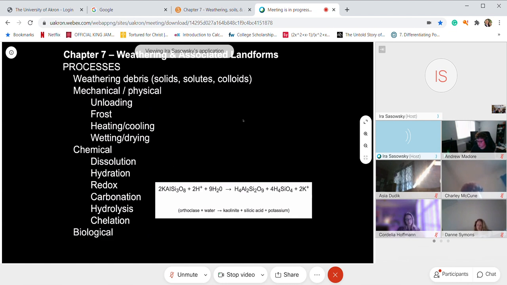One final thing, which we hadn't listed here, but is in your list in your book, is salt crystal growth. And we'll look at some examples of those sorts of weathering landforms in a little bit. But basically, imagine a porous sandstone through which water is percolating.